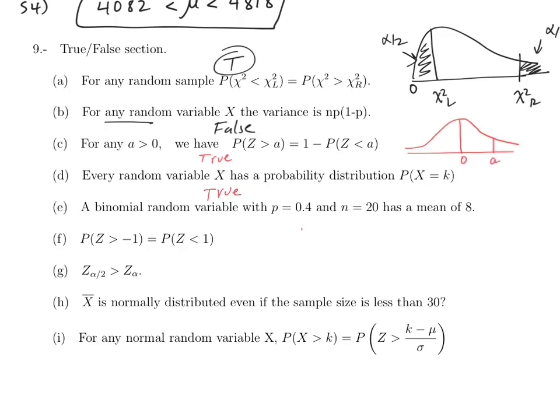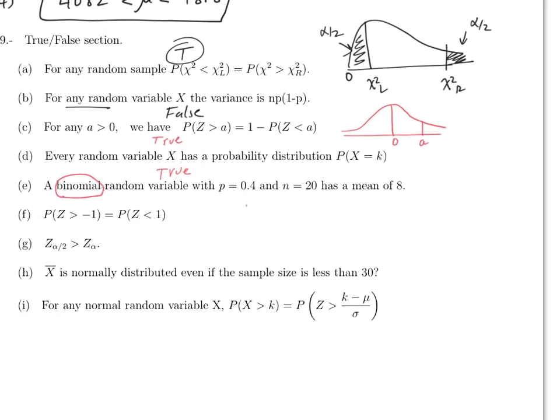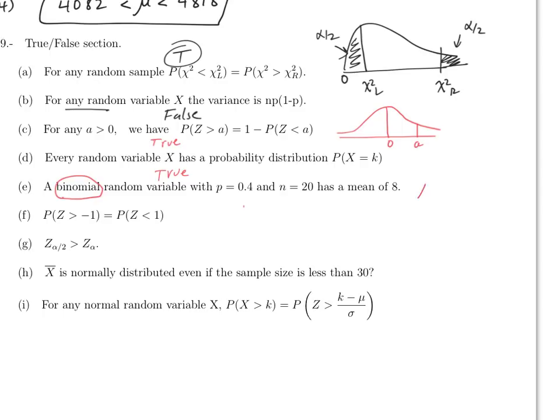Part E, it says a binomial random variable, so it's specifying that it's binomial with p equals 0.4 and n equals 20 has a mean of 8. All you have to do is check. Remember, the mean is equal to n times p. Well, here n is 20 and p is 0.4, which gives you 8.0. So therefore, this is also true.